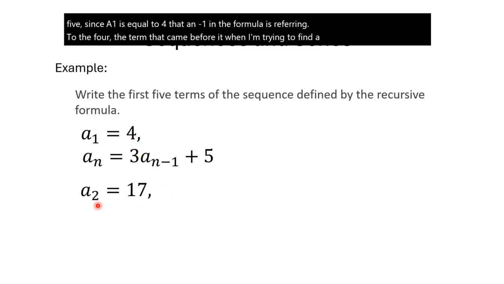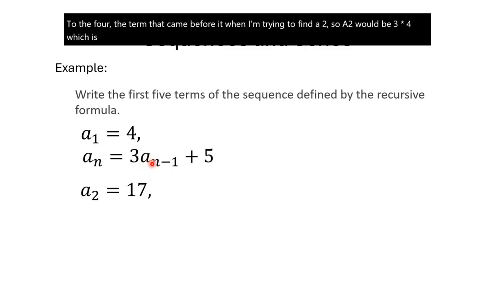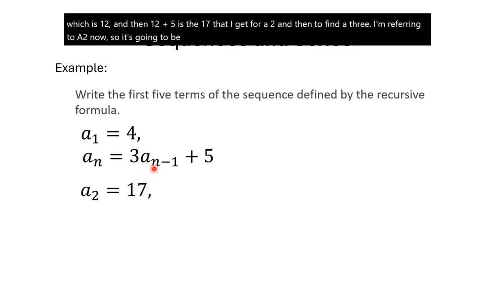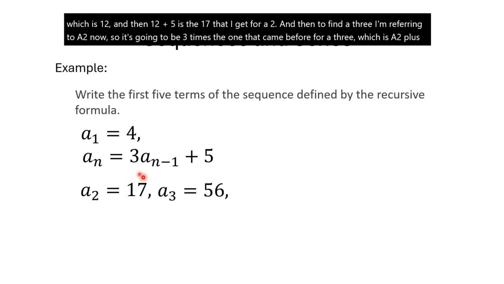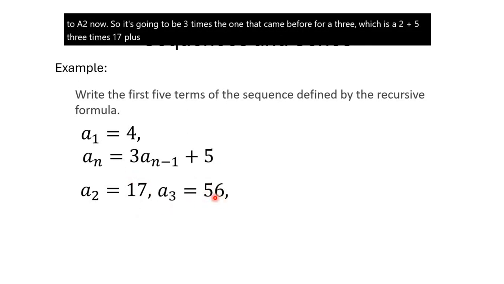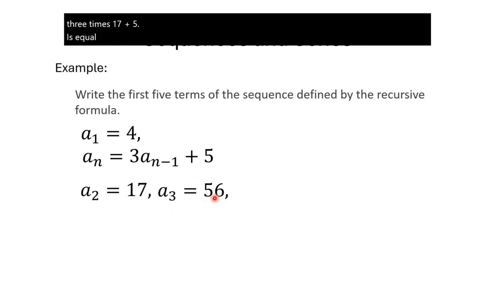So a2 would be 3 times 4, which is 12, and then 12 plus 5 is the 17 that I get for a2. And then to find a3, I'm referring to a2 now. So it's going to be 3 times the one that came before for a3, which is a2, plus 5. 3 times 17 plus 5 is equal to 56. 3 times 17 being 51, and then 51 plus 5 is 56.